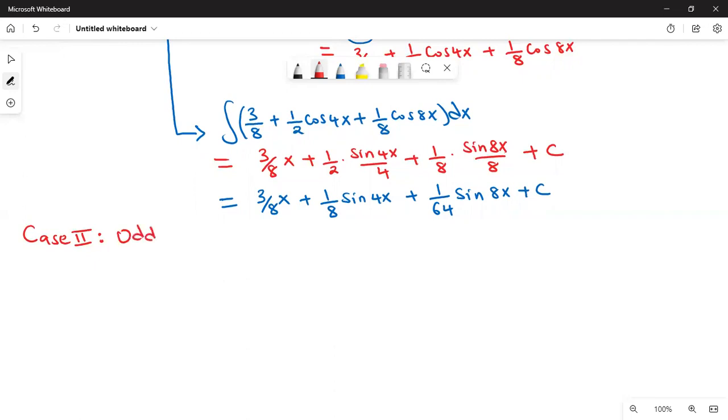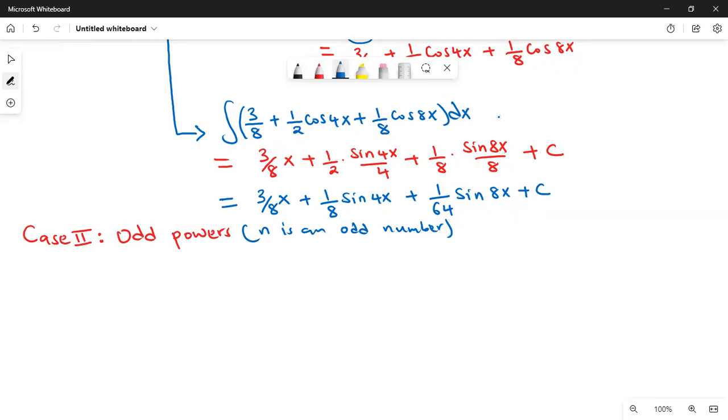What I mean here is where n is an odd number.